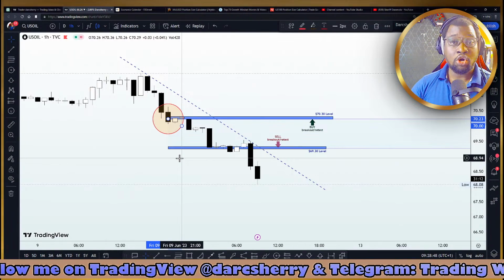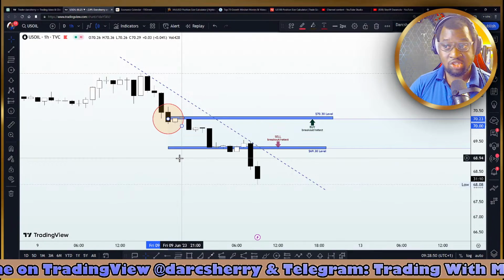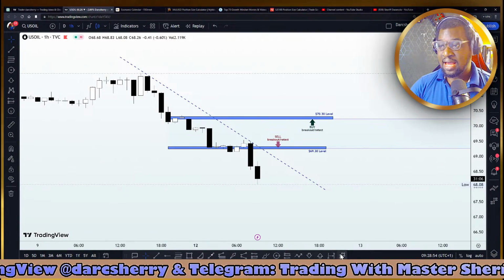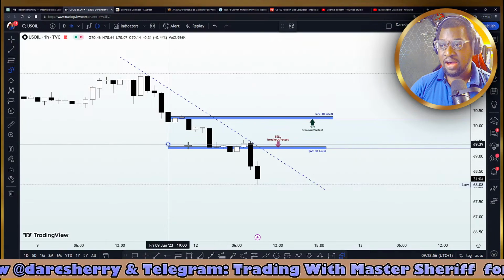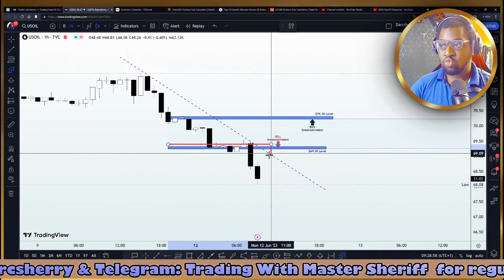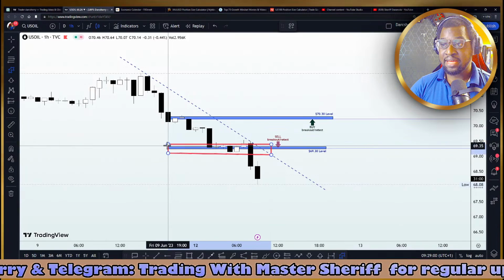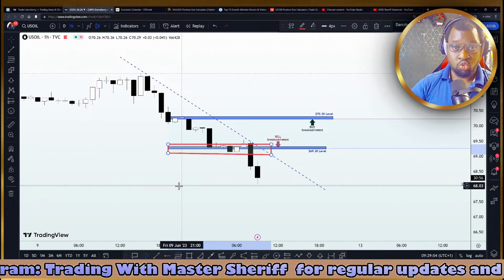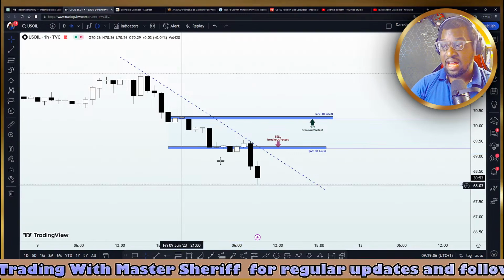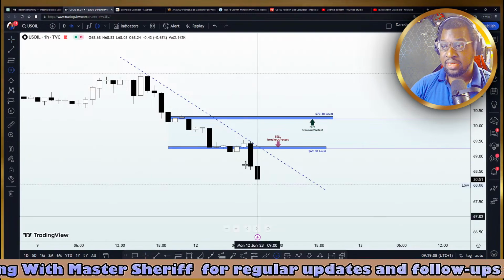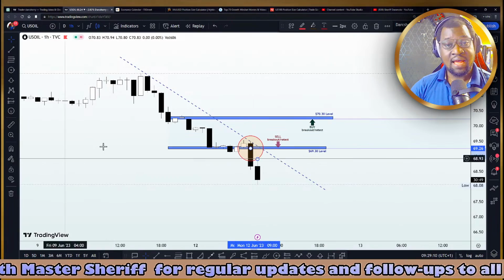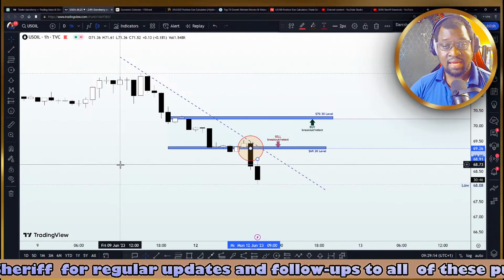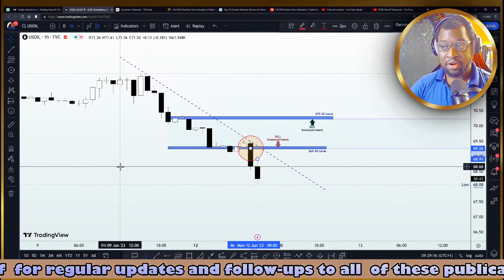So price has been on a very strong bearish note as soon as the beginning of the week here, and then we had a support line around the $69.30 level, where we saw an attempt by the buyers to push price to the upside, which wasn't successful, as we finally saw the breakdown of the support line here at the $69.30 level. And for me, this is a sign that we might be in for a strong bearish move.